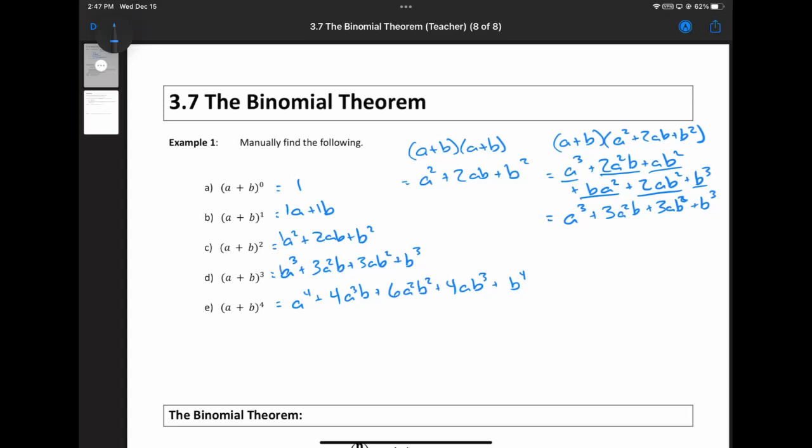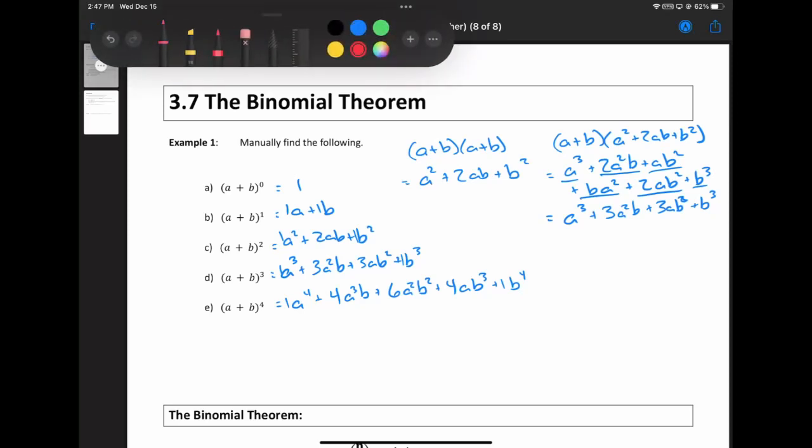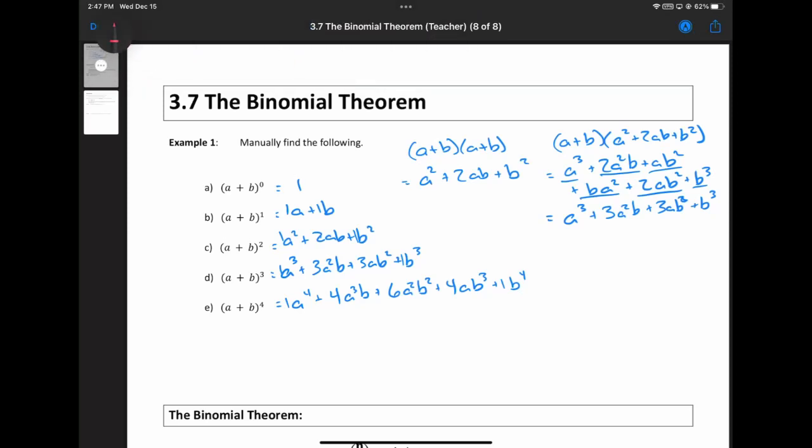If I underline those numbers and read them out, we have 1, 1, 1, 1, 2, 1, 1, 3, 3, 1, 1, 4, 6, 4, 1. Hopefully you recognize those numbers. Those are just numbers from Pascal's triangle, not a coincidence.